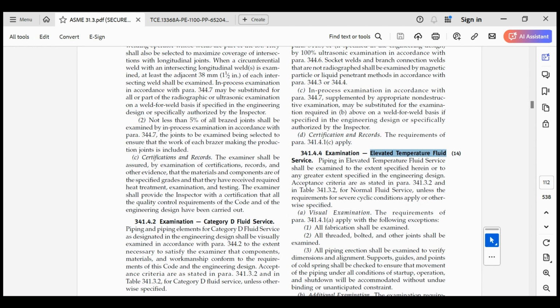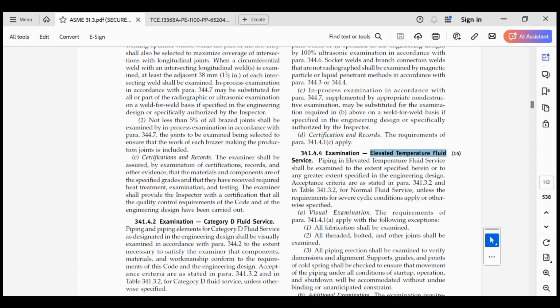When we know what these elevated temperature fluid services are and what the various services in a particular process plant are which can be identified under this category, then this examination will be applicable to that particular section. So that is why we talked about various fluid categories in part 1.